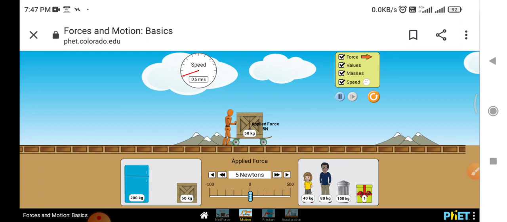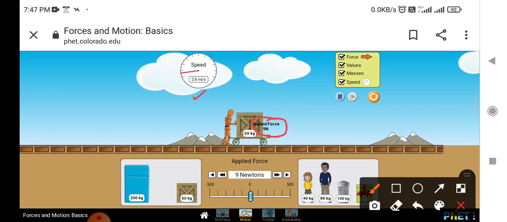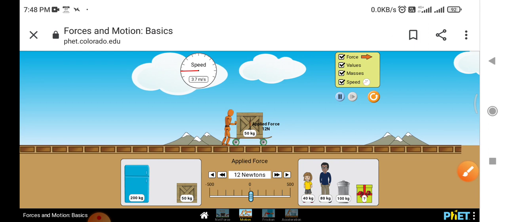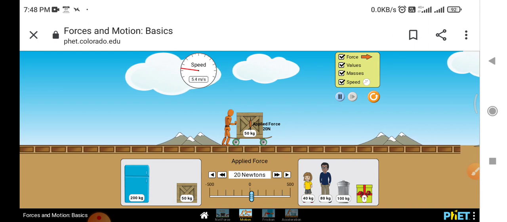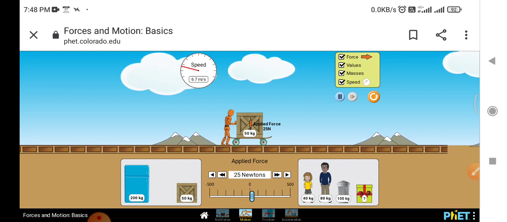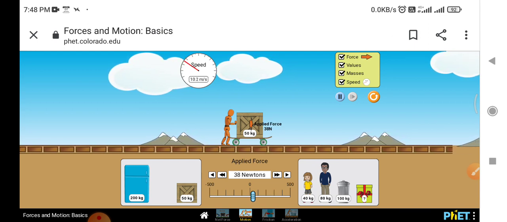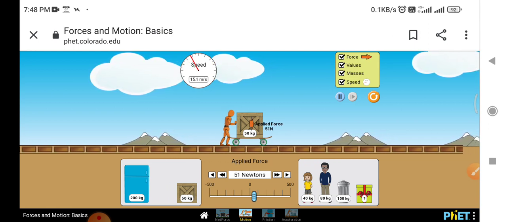3 Newton, 4 Newton, 5 Newton. So now the object has started moving. See the speed here, and see the Newton, the value of the applied force. And see, when I apply more force, the speed of the object also increases.